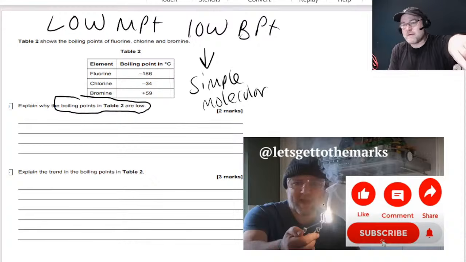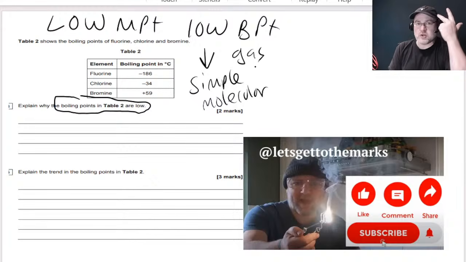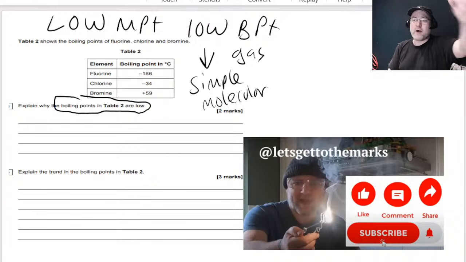That's a giant covalent. Most covalent molecules are simple molecules. If you have a low melting point, a low boiling point, or you are a gas, chlorine, bromine, nitrogen, oxygen, hydrogen, carbon dioxide, sulfur dioxide, methane, any gas in the periodic table or any compound that is a gas in the room with you right now or anywhere on the earth is a simple molecule. That's why it's a gas.